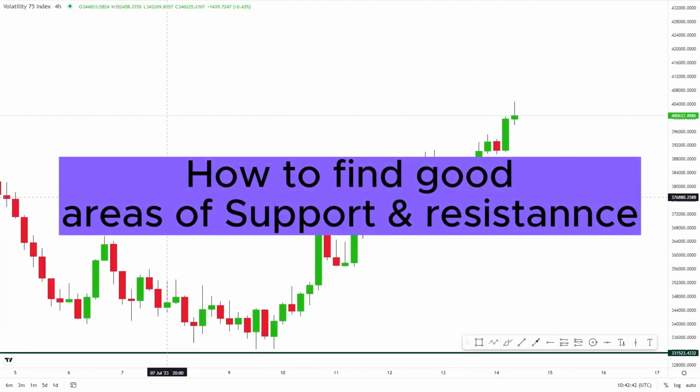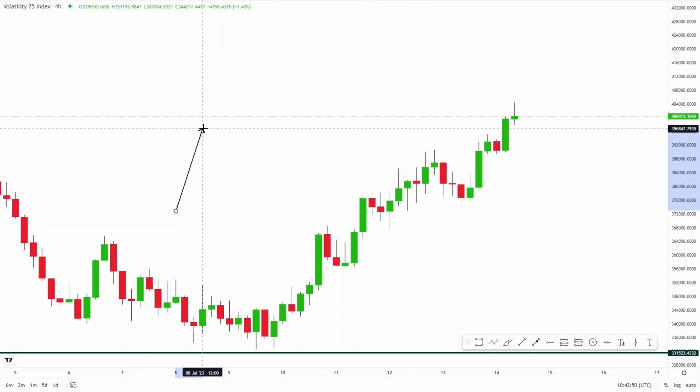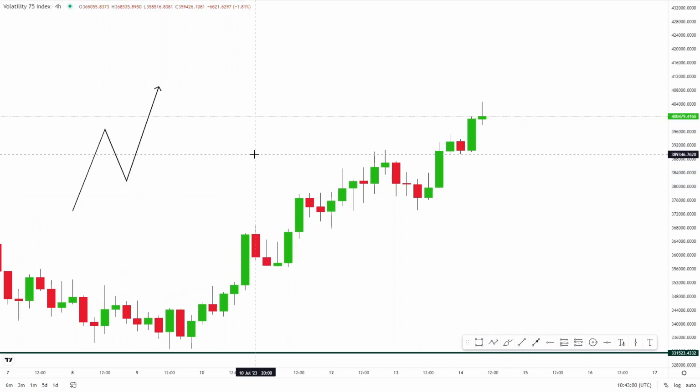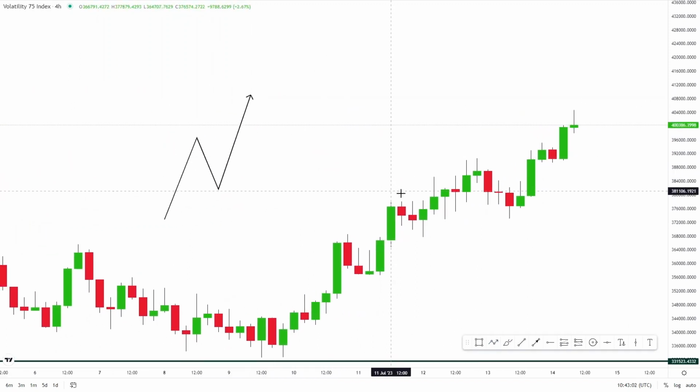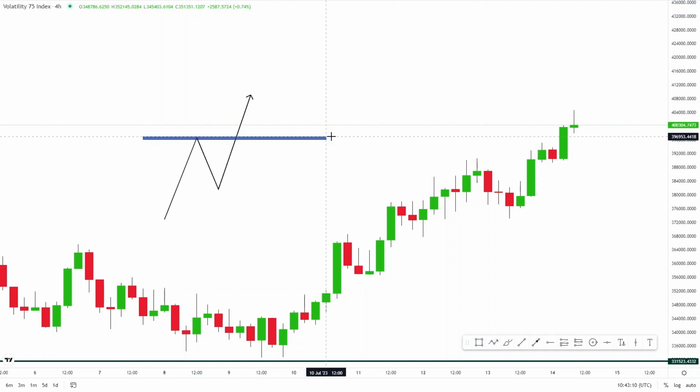So when looking for the best areas of support and resistance, you have to understand one thing, right? In an uptrend, we can understand that the market moves like this. It makes a push and then it makes a retracement, right? And then it makes a push. So whenever we have a push like this, when I'm drawing my key levels or my areas of support and resistance, I'm looking for an area where the price has been rejected.